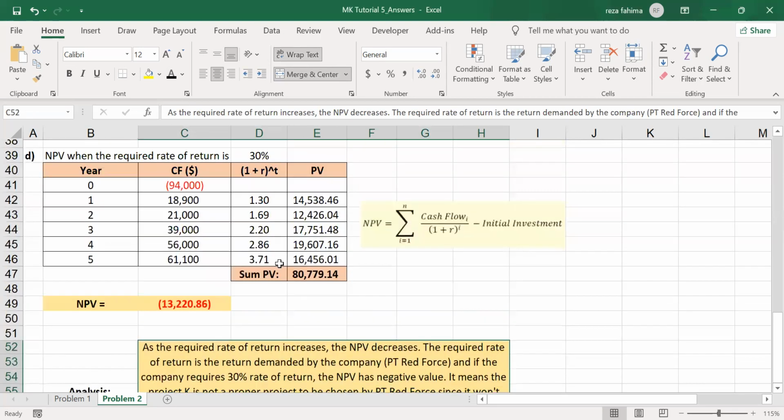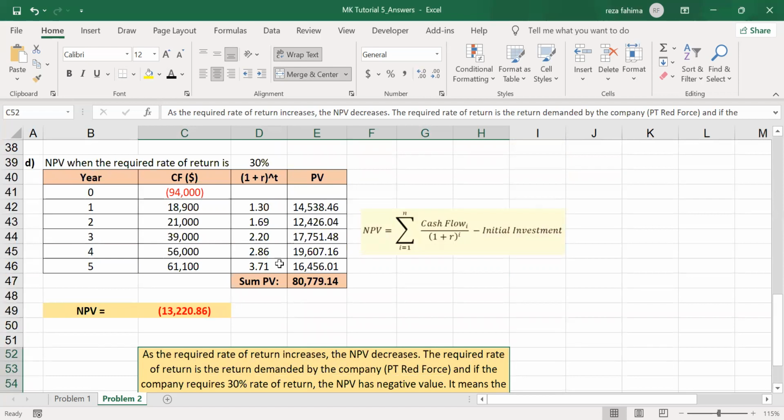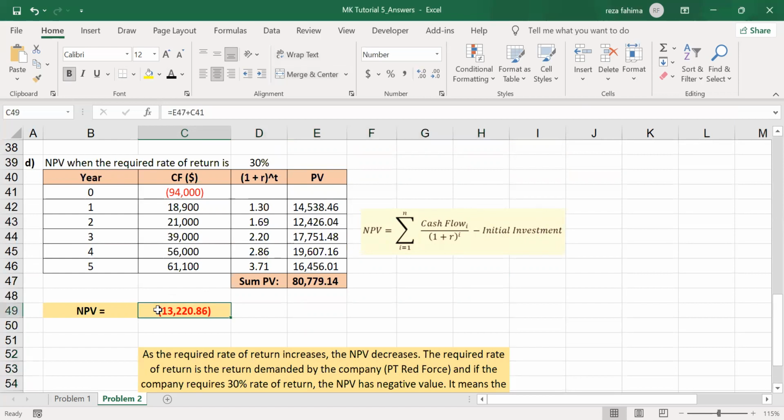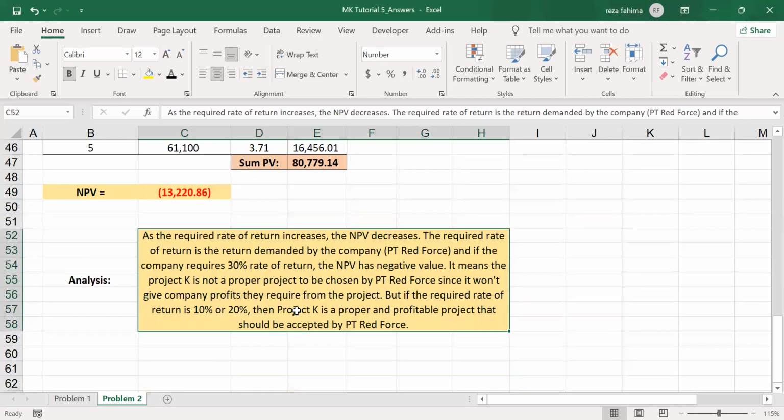And it means that if Peter Redforce requires a rate of return of 30%, Project K may not be acceptable for Peter Redforce, since it will give negative NPV. It means that Project K is not profitable, it's not adding value to the company, and will not be gaining the owner's wealth.